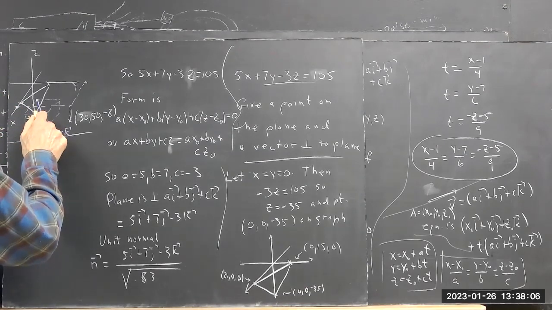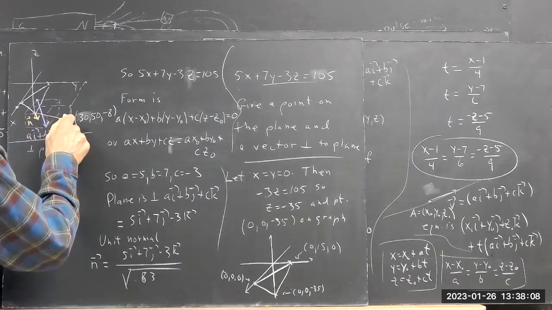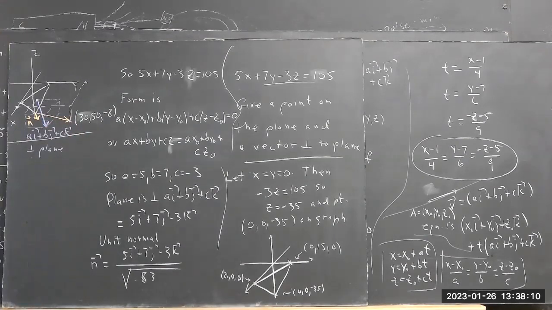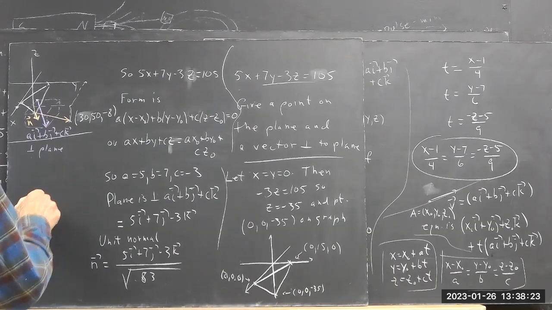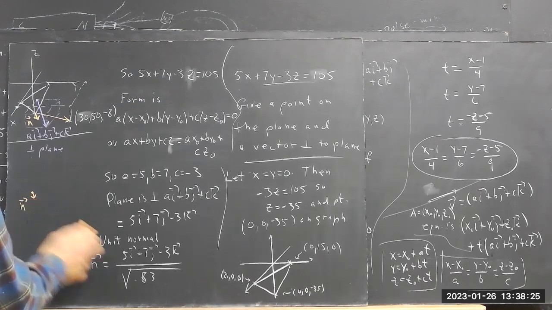Now I want to draw a vector from that point to this point. Okay, well, we'll put that picture down here without all the machinery. Here's my normal vector. There it is.